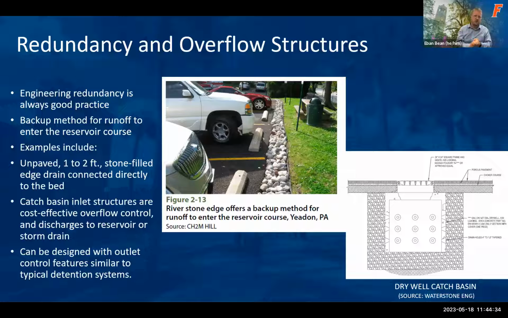Basically, it's a 1 to 2 foot strip that's filled with stones. You can also do a catch basin to capture any overflow and discharge that to a reservoir or storm drain. It can be used like a typical detention system.